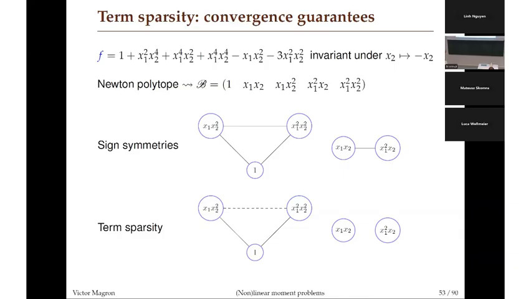So at the end, the term sparsity algorithm will converge to a different thing than sign symmetries. If you want the same as sign symmetries, you should use the canonical basis. In some cases, term sparsity is more economical than sign symmetry, but maybe the bound will not be as good.